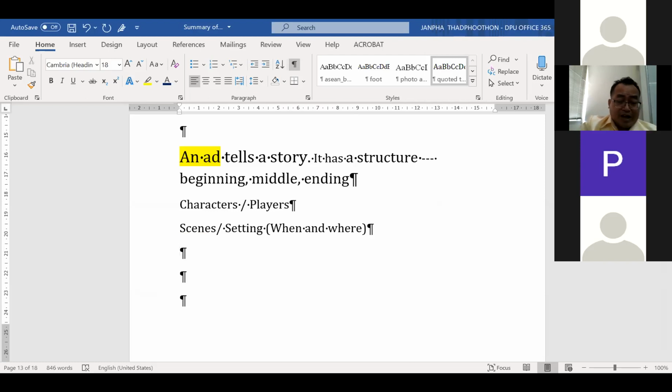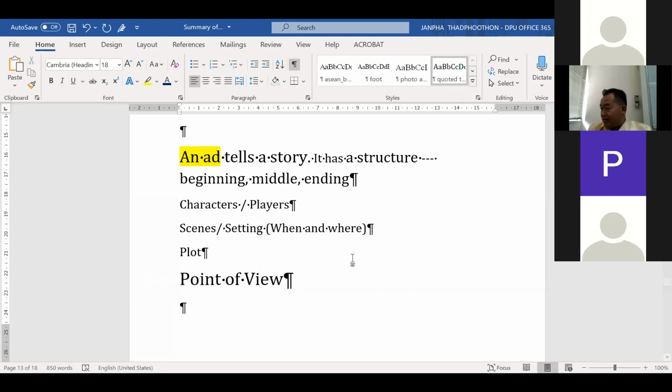You also need to have what we call the plot, or the storyline, and the point of view, or who is telling the story. Point of view is very important. Okay?